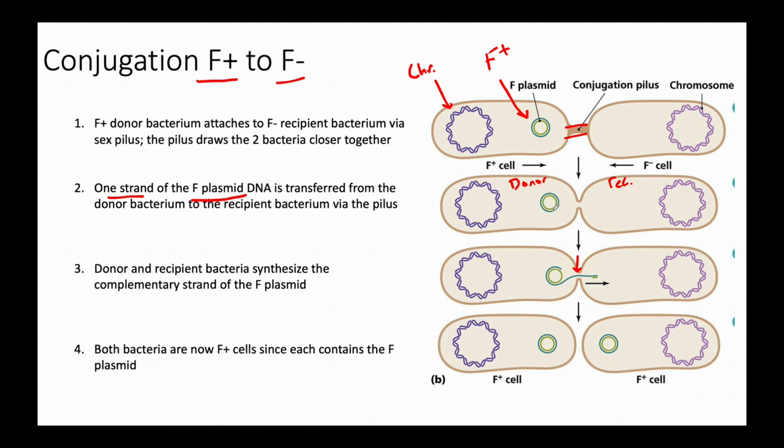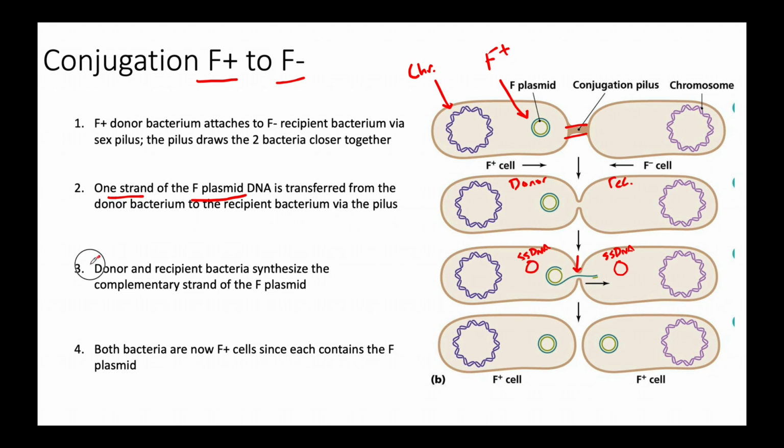So this is a double-stranded piece of plasmid here, the fertility plasmid or F plasmid, and only one of the strands moves through the pilus. And so what you get, it doesn't necessarily show it, but you'd have a single strand here and a single strand here, because it started as double-stranded and one moved here. So you have single-stranded DNA here, and then you'd be left with single-stranded DNA here.